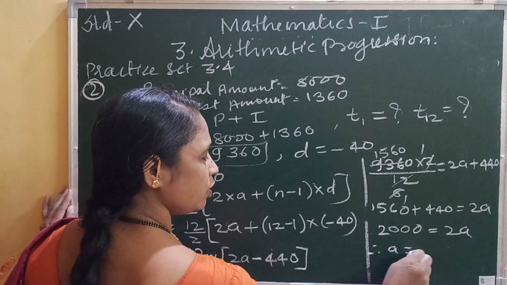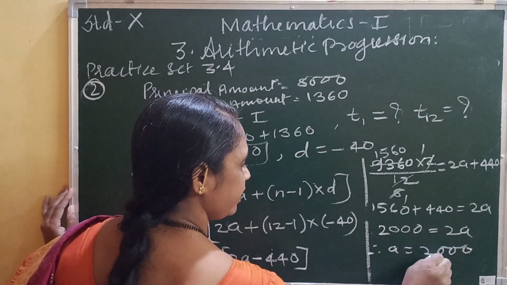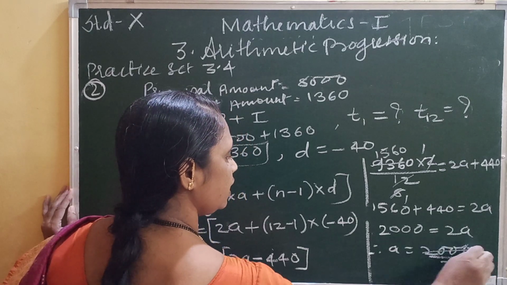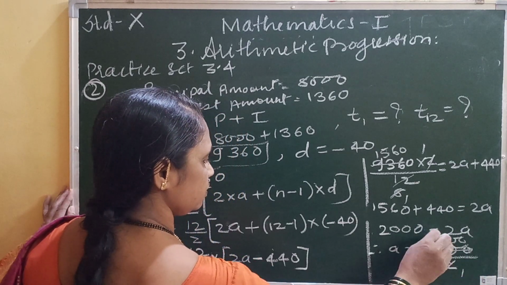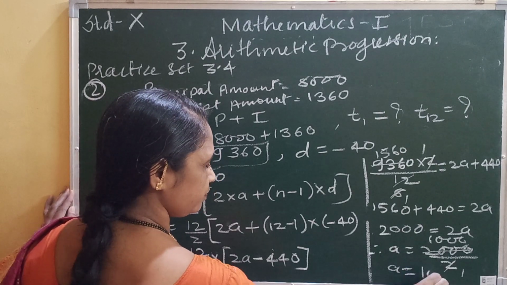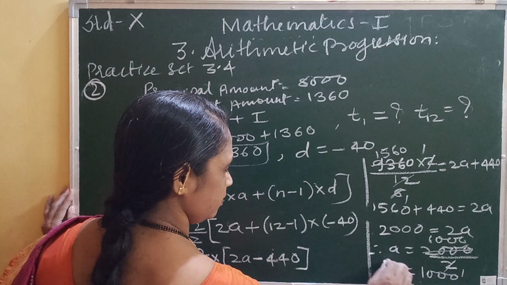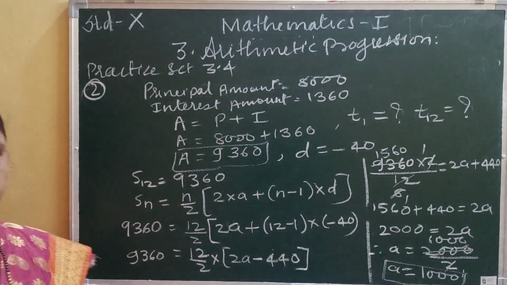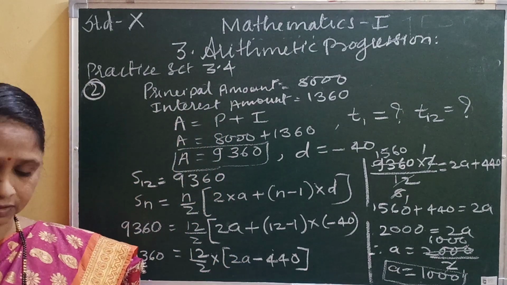Therefore, A is equal to 2000 divided by 2, which is 1000. Okay, so A is equal to 1000, means the first term is 1000.